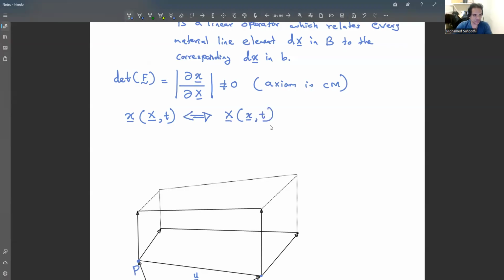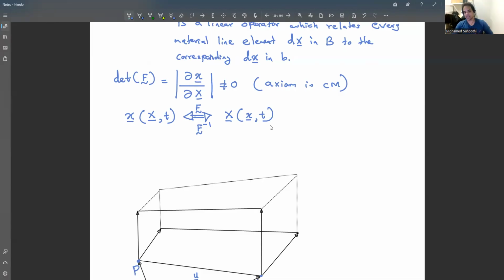So these two are inversions, one forward, one backward. The forward uses F, the backward uses F inverse. That is what we call invertible.